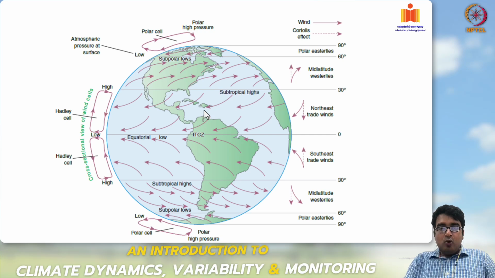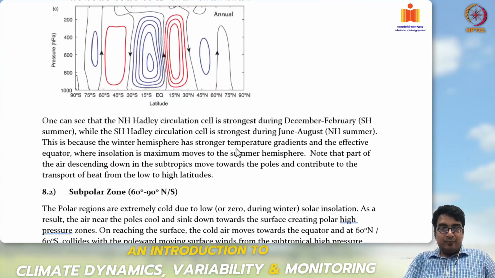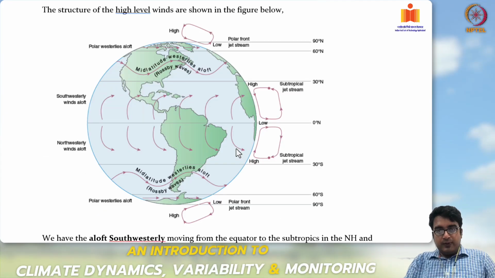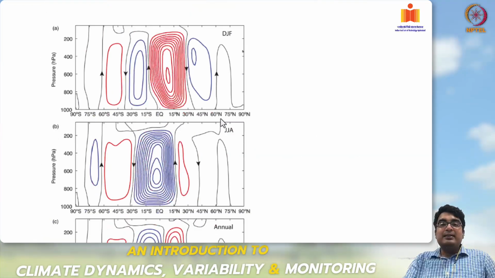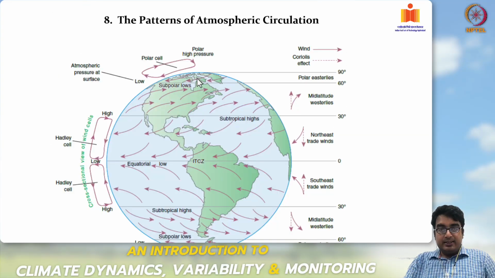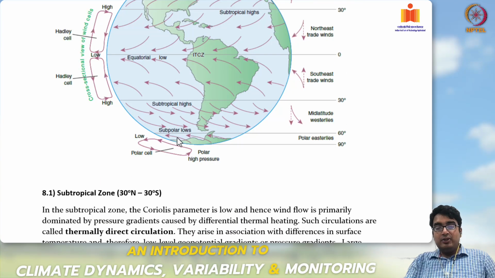At the surface level, we have northeast trade winds and southeast trade winds between the equator and the subtropics, while in the upper troposphere, we have the southwesterly aloft winds and northwesterly aloft winds in the northern and southern hemispheres respectively. Similarly, near the surface at the poles, we have the strong polar easterlies from the poles towards the subpolar lows, in both hemispheres.